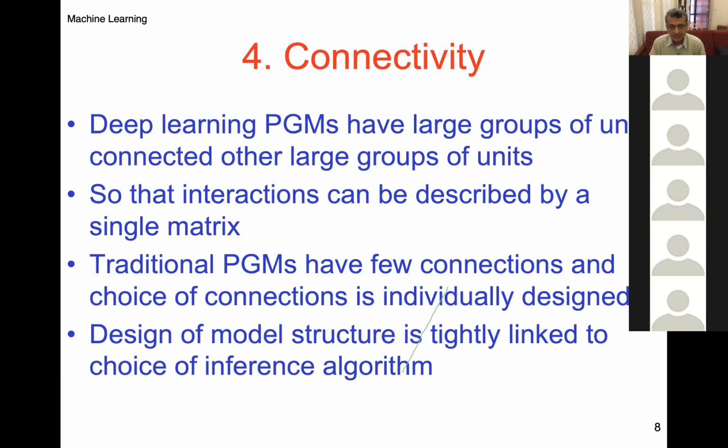Whereas a traditional probabilistic graphical model has few connections, and the choice of connections is individually designed. So one by one, we craft it. And the structure of the model is tightly linked to the choice of the inference algorithm. So if you're going to be inferring from inputs to outputs, it's going to depend on the kind of connectivity.